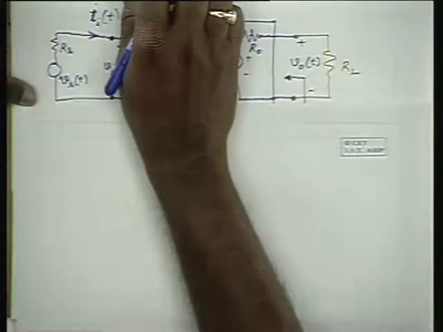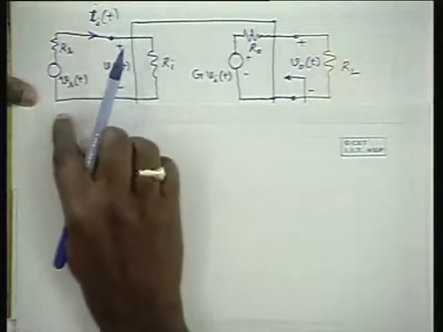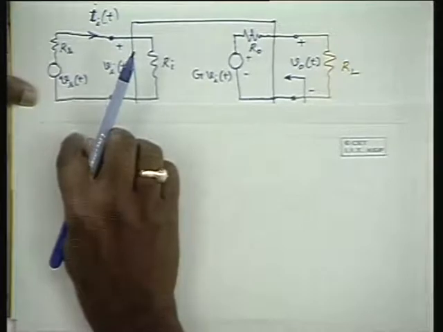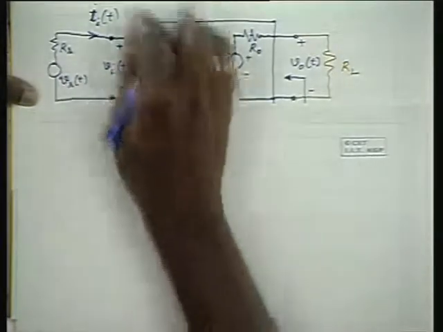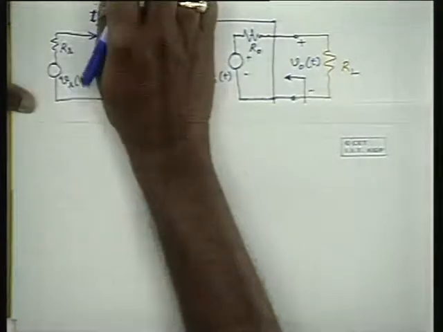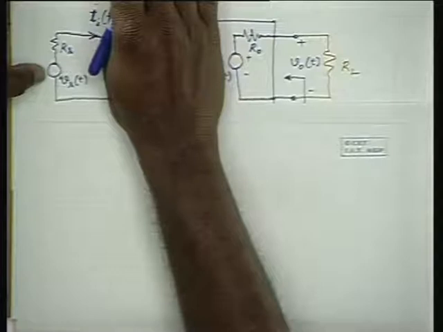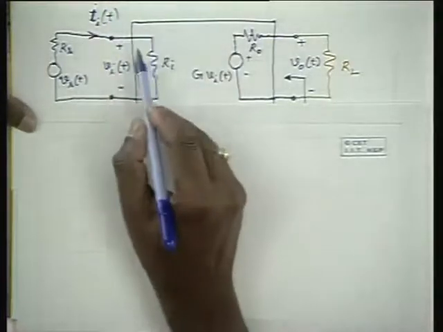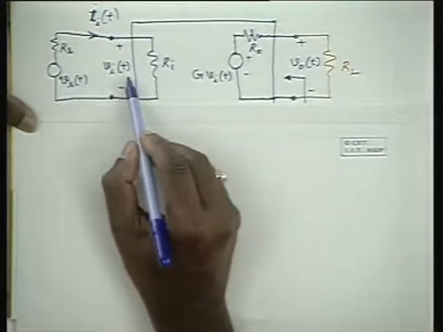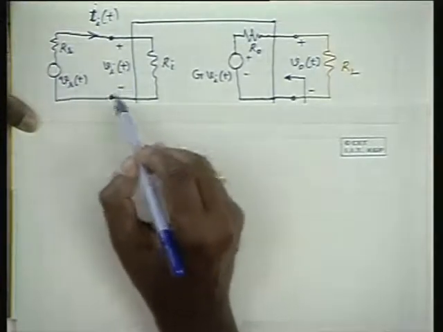If you are interested in representing the gain in terms of that open circuit voltage of the source, because that is the standard, that is what is available to you when nothing about the load is given. If suddenly something is connected, it is going to drop. So, let us express it in terms of this VST.